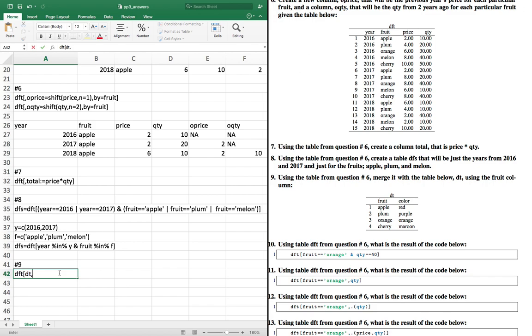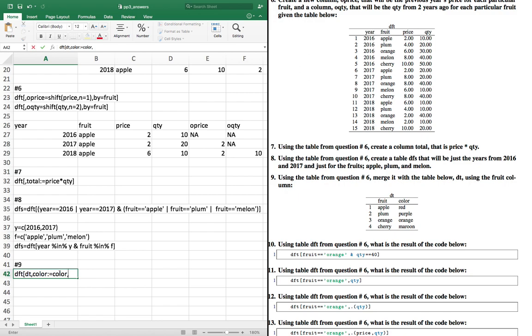I don't specify in the question, but because I want the color column, that's the only new column there. I'll call it color, colon equals. Now, what's the name of the column in the table that has the data? That would be table DT. Well, it's color. Easy.